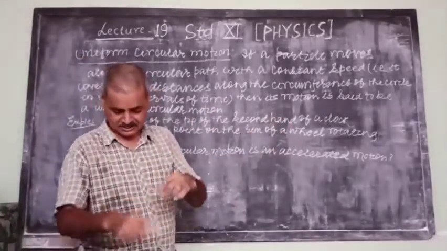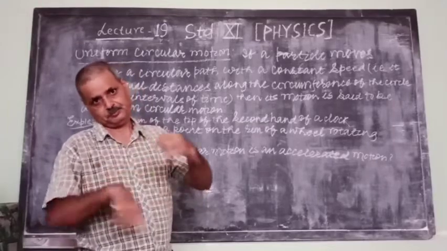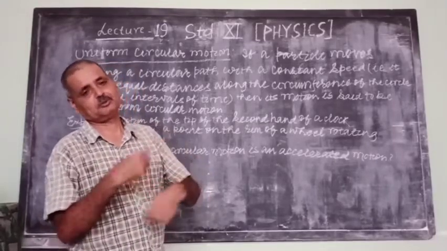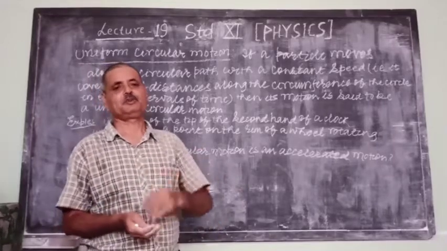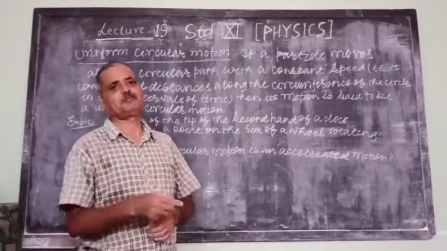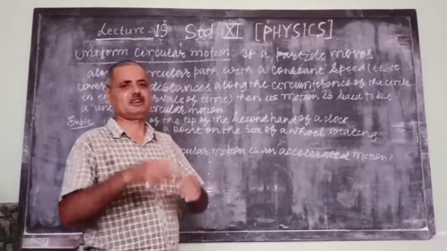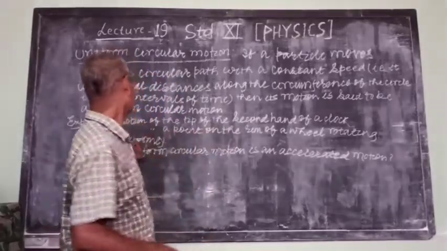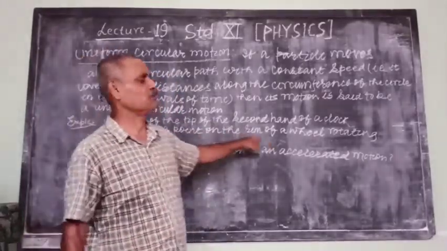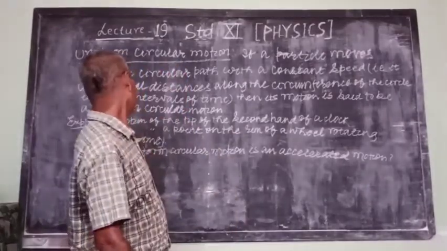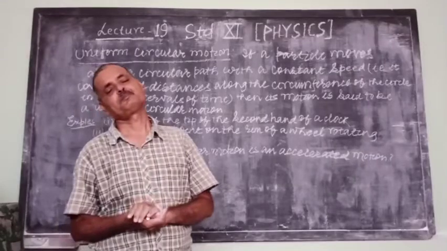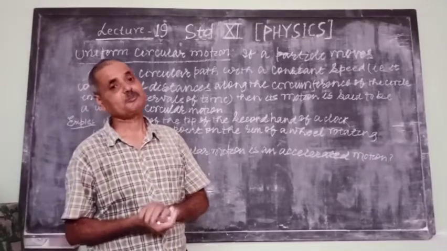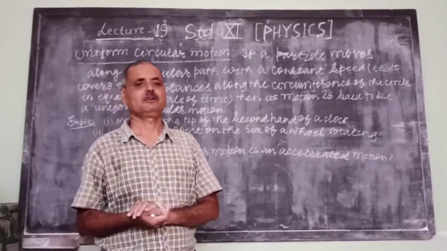Another example is a bicycle or two-wheeler rim: the motion of a point on the rim of a wheel rotating uniformly is also an example of uniform circular motion.